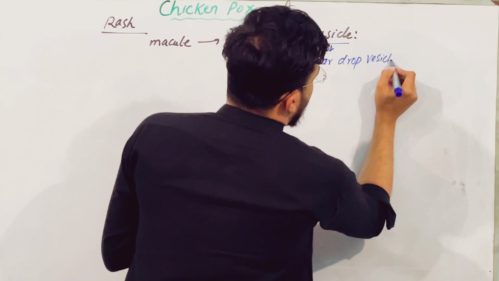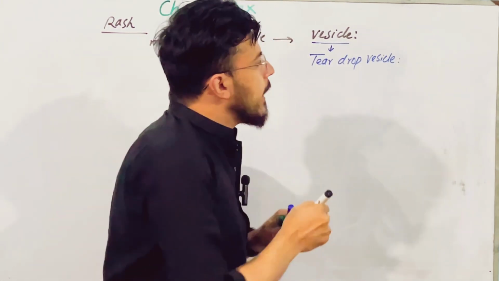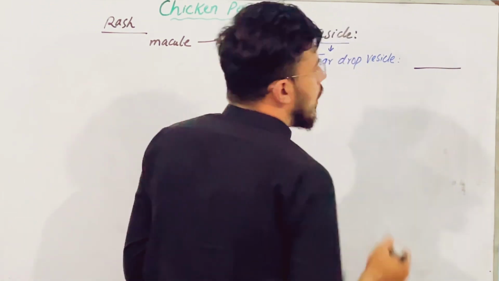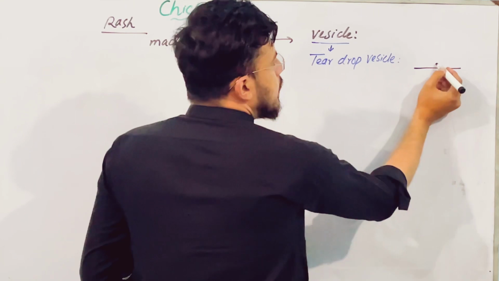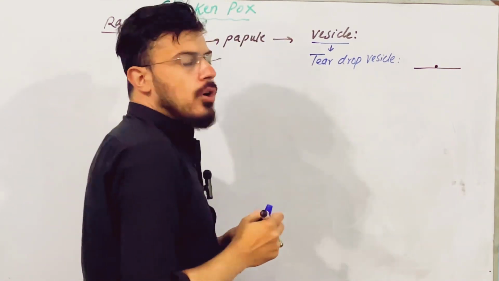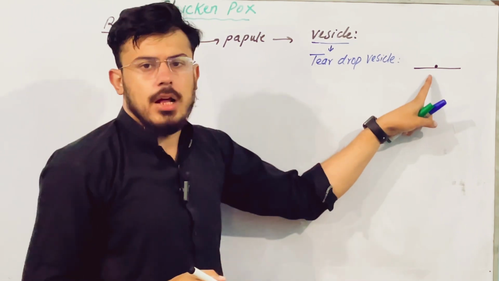What does it mean? These vesicles have an erythematous base, so the base is red and over that there is a vesicle.